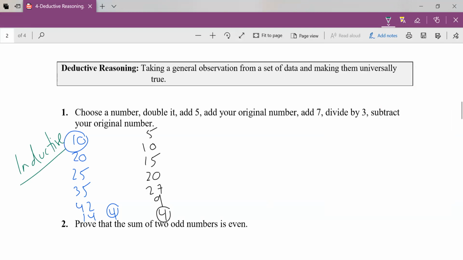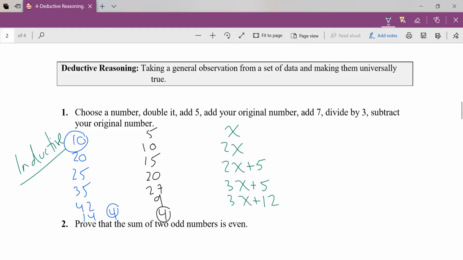Deductive, friends, is this. Choose a number. I choose X. That is any number, right? That's what X means. I'm going to double it, 2X. I'm going to add 5, 2X plus 5. I add my original number, so 2X plus X is 3X plus 5. Add 7, 3X plus 12.